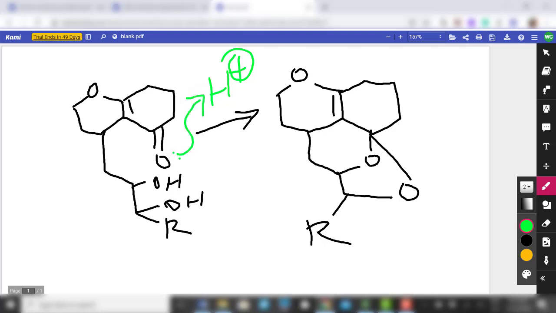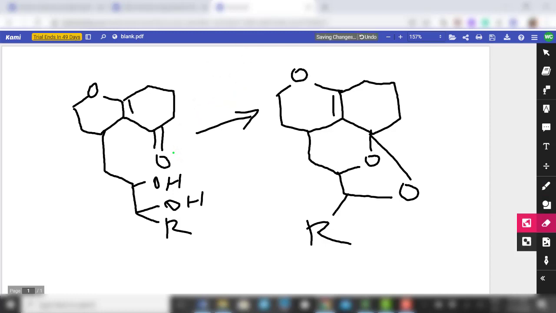In the process of protonating the carbonyl oxygen, you are generating the conjugate acid of the ketone, and it makes the carbonyl carbon more electron deficient, because having a plus charge on the oxygen when it's protonated causes the OH plus to be a stronger electron withdrawing group, which makes the carbonyl carbon more electron deficient. With this idea in mind, I'm just going to erase this.